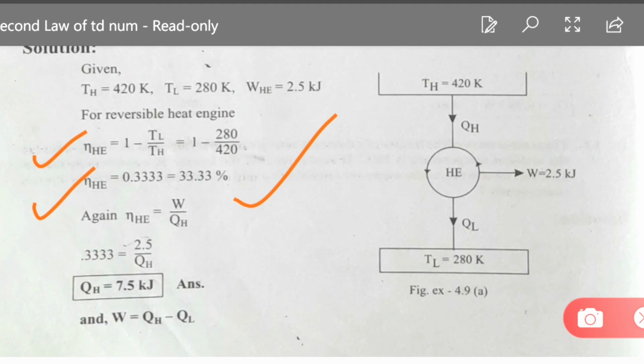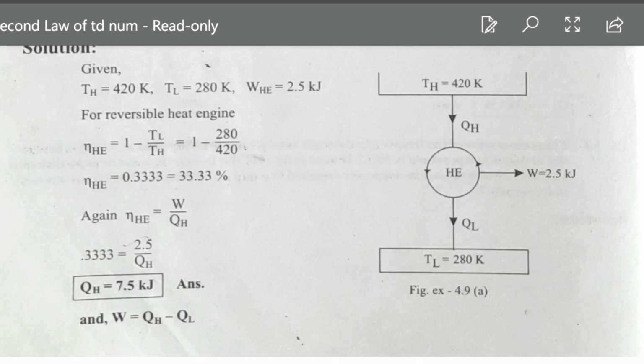The value of eta we have already determined, and the value of work done is 2.5. Now we can determine the value of QH. So QH will be equal to 7.5 kilojoule.